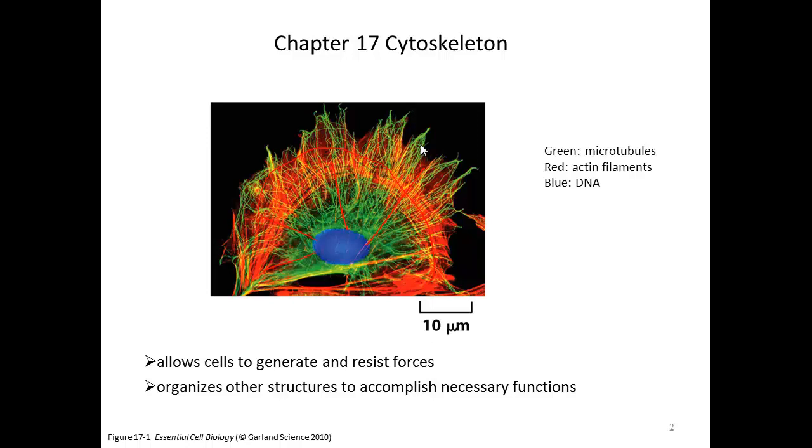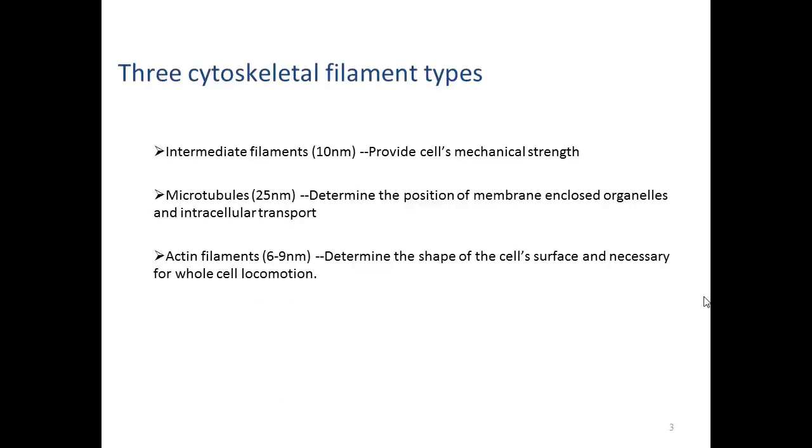In blue, for reference, you see the DNA in the nucleus. In addition to cell movement, macroscopic movement, we'll talk about how the different cytoskeletal elements allow for organelles to move within a cell, and proteins, vesicles, and other subcellular elements.